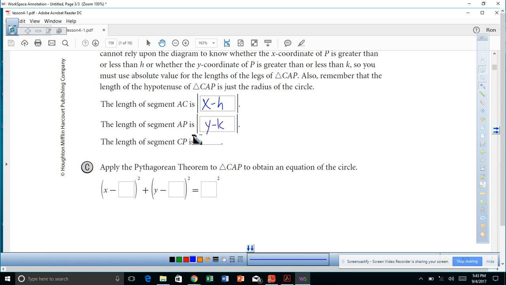The length of segment CP is r. Apply the Pythagorean Theorem to triangle CAP to obtain an equation of the circle. So that's x minus h squared plus y minus k squared equals r squared.